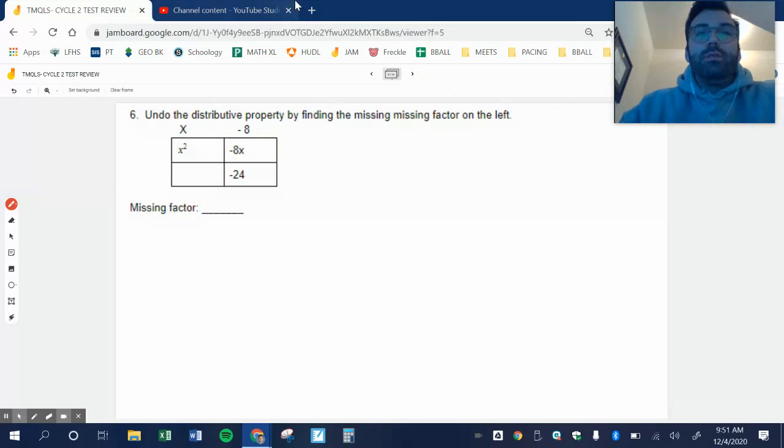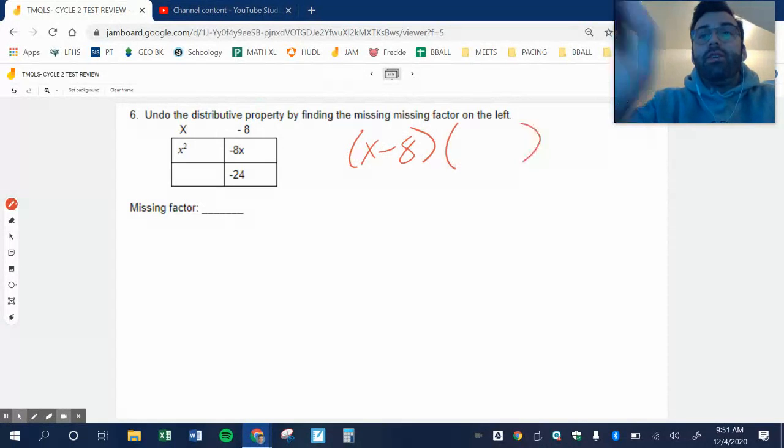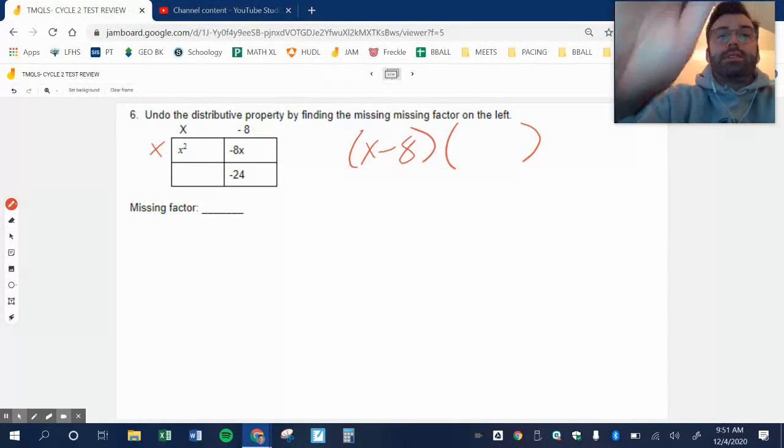Undo the distributive property. So I've got to figure out what factor that looks like. So x minus 8 is a factor. I need to figure out the other factor that will give me -8x here and -24 here. Well, obviously I have -8 here, so whatever I multiply here has to be an x. There has to be another x included because this is x squared.